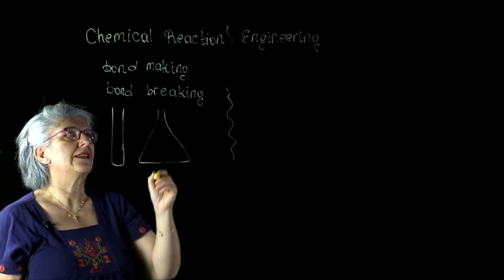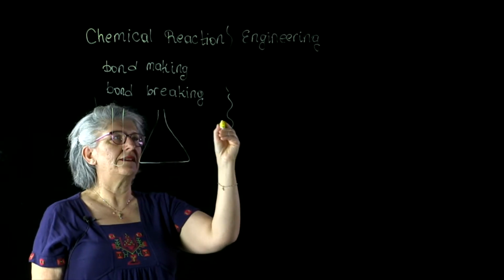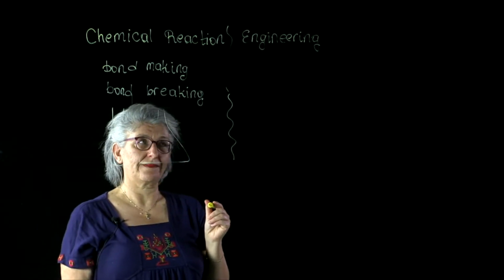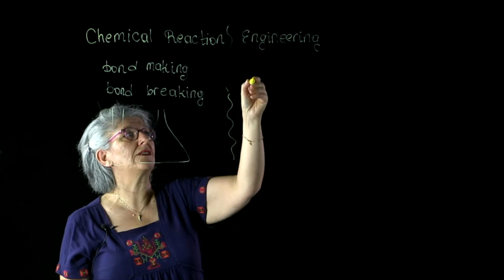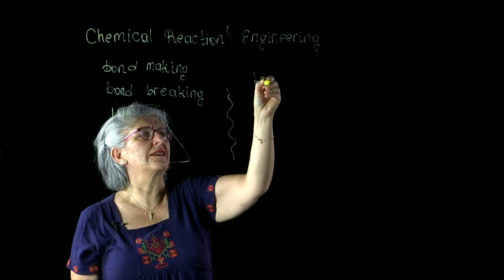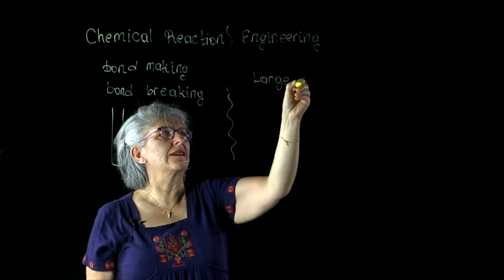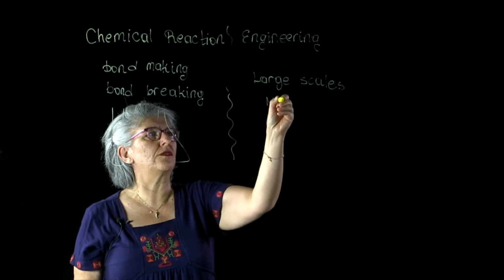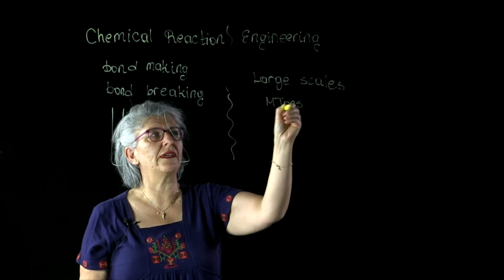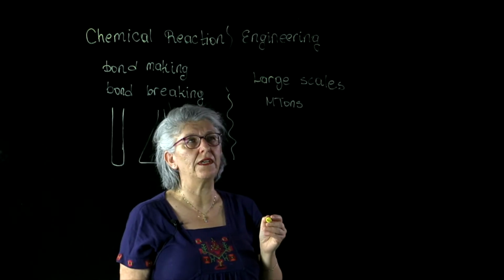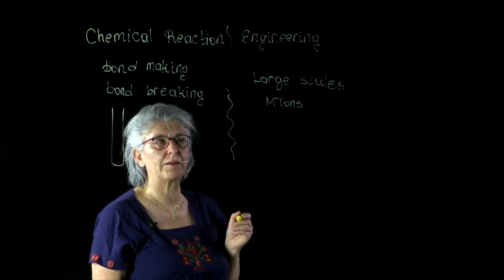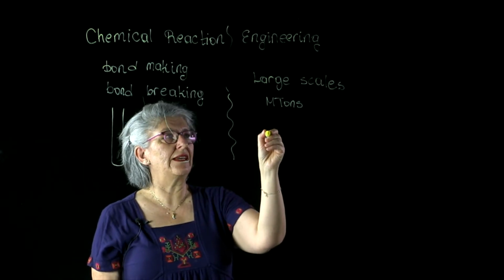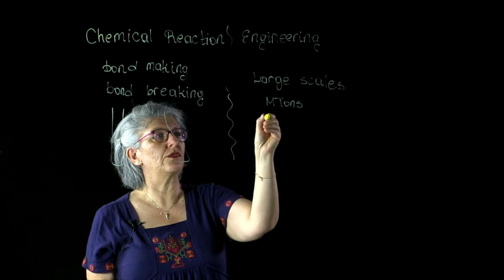When we take these chemical reactions and translate it into the engineering domain, we carry out the events on a large scale, such as millions of tons, depending upon the commodity, millions of tons per day or millions of tons per year, and we carry out these events in continuous units.